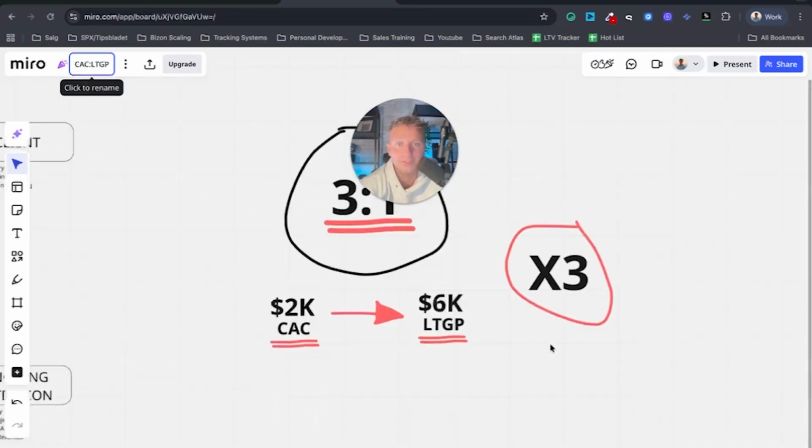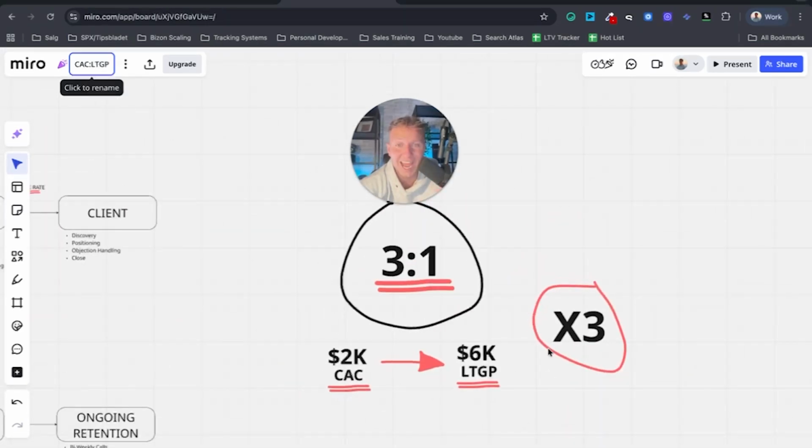Because when we have that, we basically have a machine we can put more money into, because that means every time we're signing a client, we're getting 4K. And that means we just need to spend more money on ads, and then we will get more in return. And that's how you have that predictability to start hiring CSMs, sales reps, and so on.